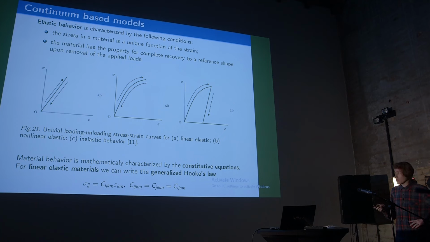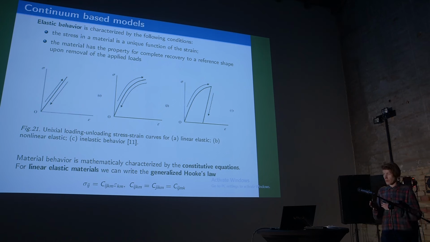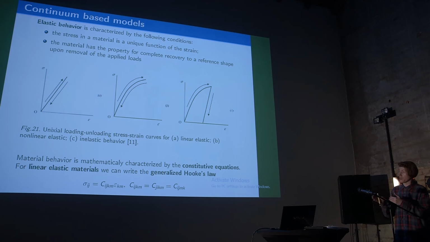But actually we have different materials, and for example, for isotropic materials that have the same properties in every direction, we need only two of these constants.